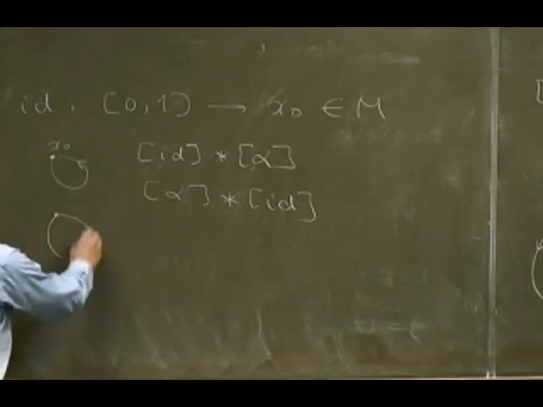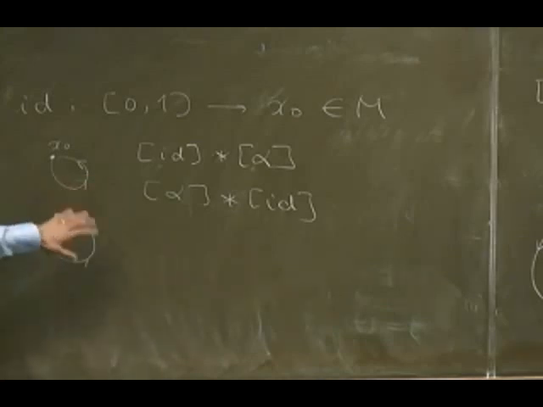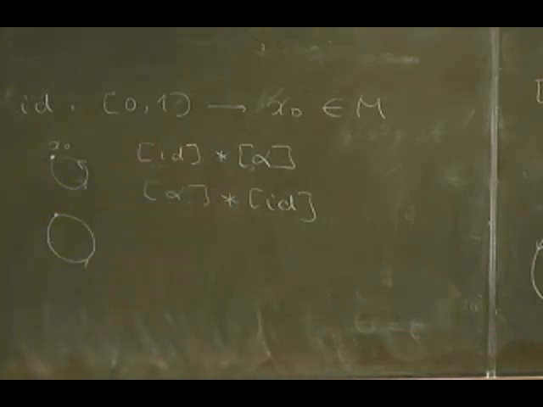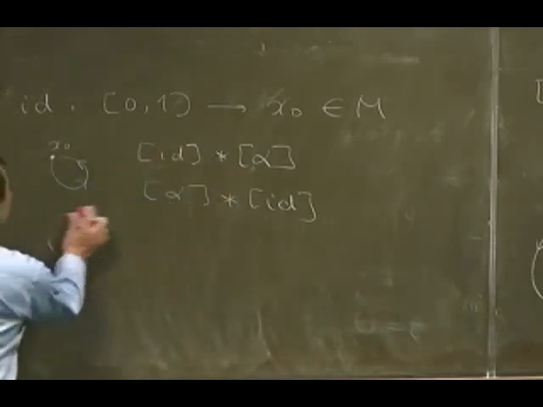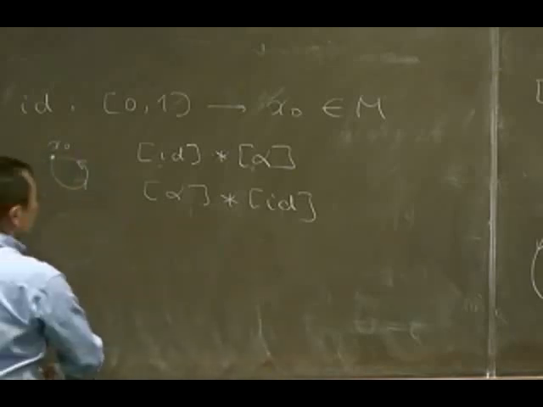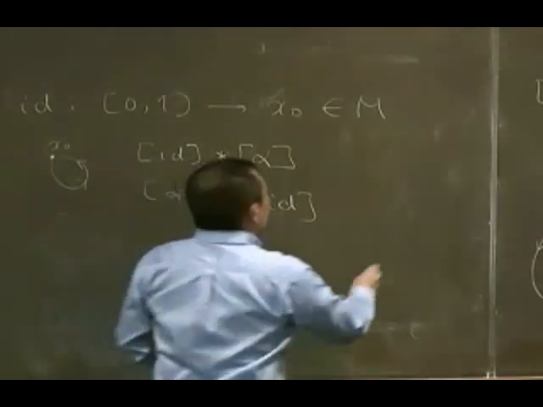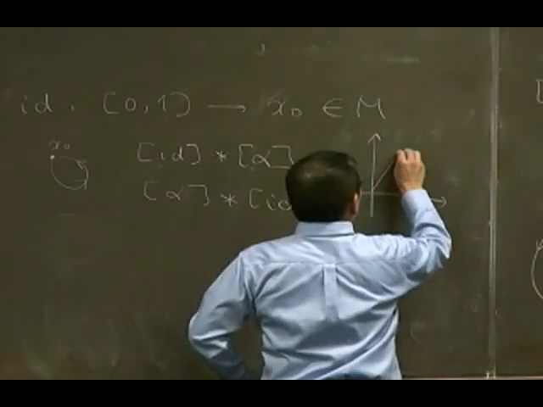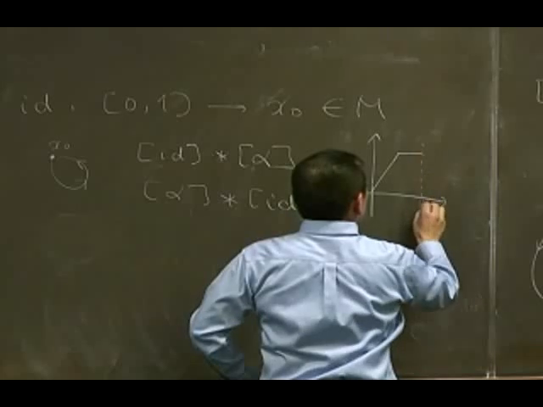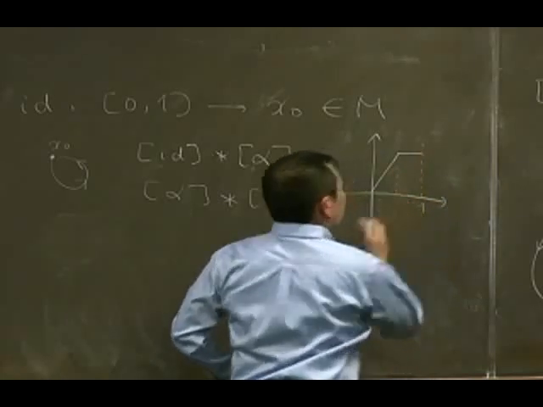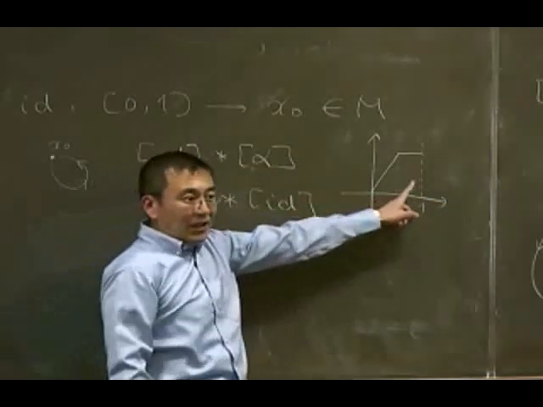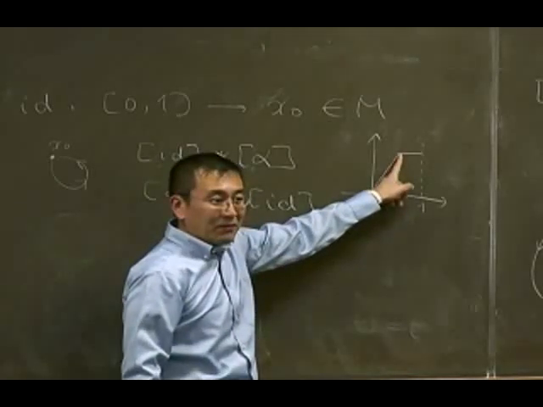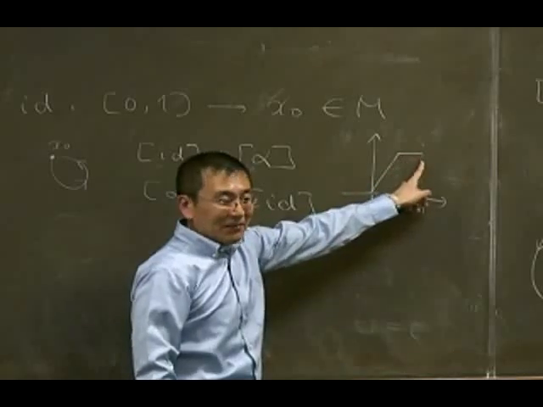These are homotopically the same thing, because by reparameterizing, you can go from here to here and vice versa. Reparameterization in this case involves something like this. If you have alpha, the reparameterization like this makes you go around alpha first and stay the rest of the time.